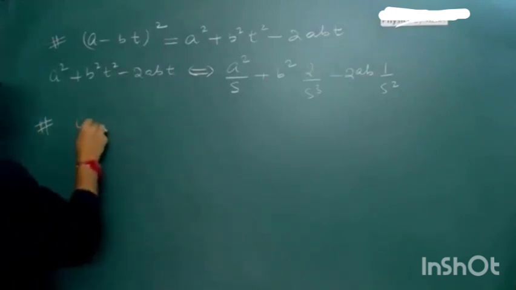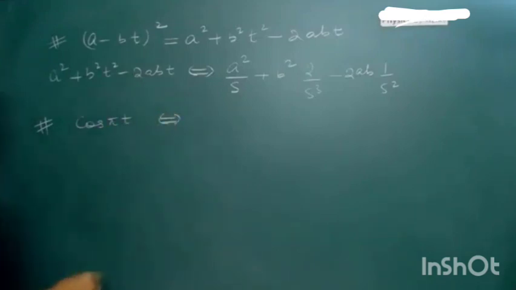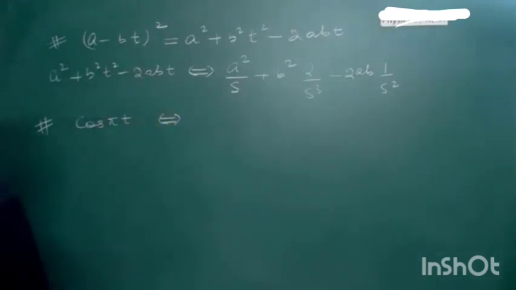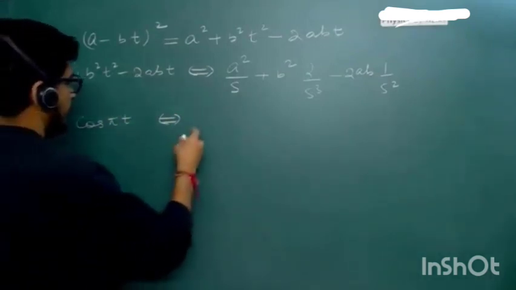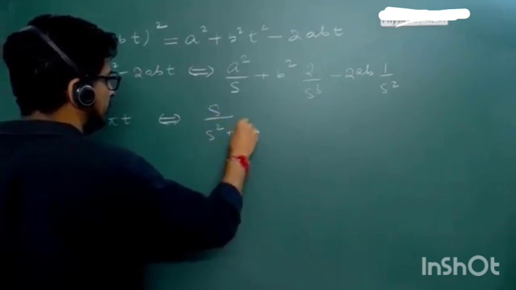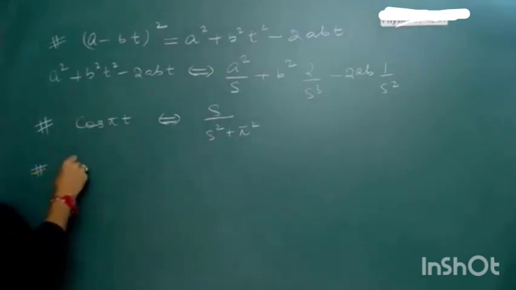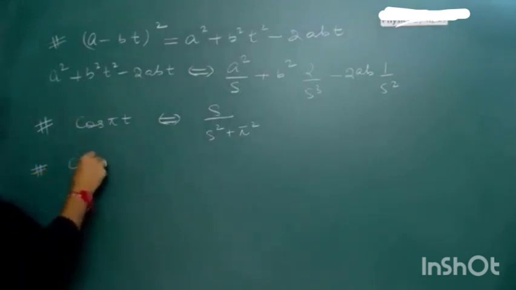Suppose I want the Laplace of cos of pi t. So Laplace of cos of pi t will be s upon s square plus pi square, using the formula directly. Then suppose I want Laplace of cos square omega t.